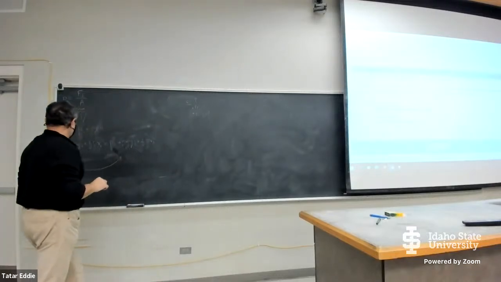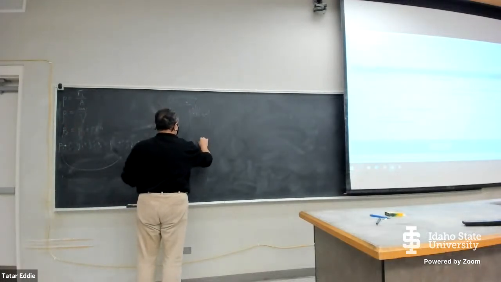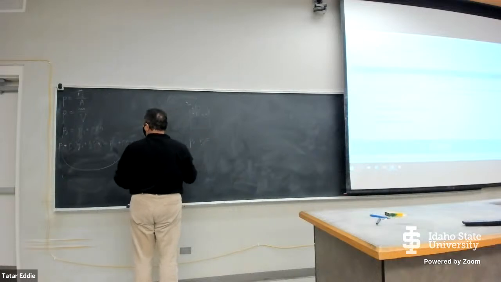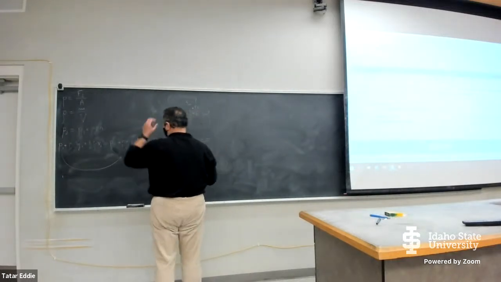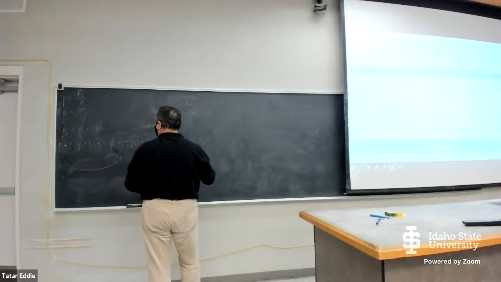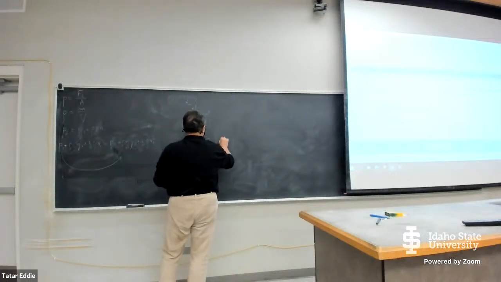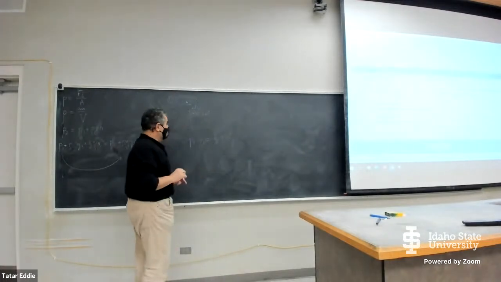So you're going to get P2 minus P1, the pressure difference between in and out, is going to be equal to 1/2 rho V1 squared. And that's it.